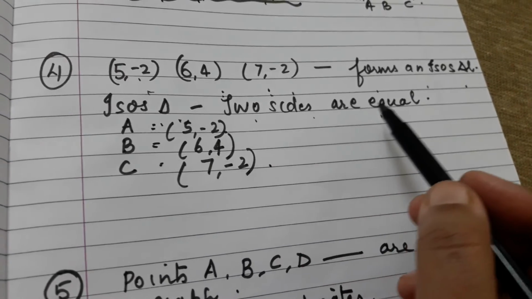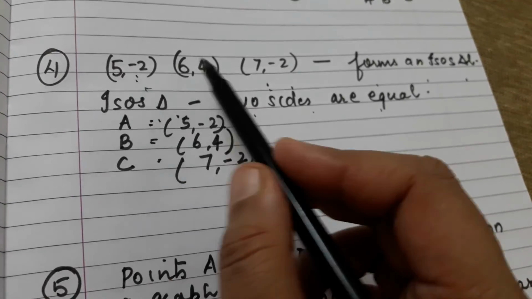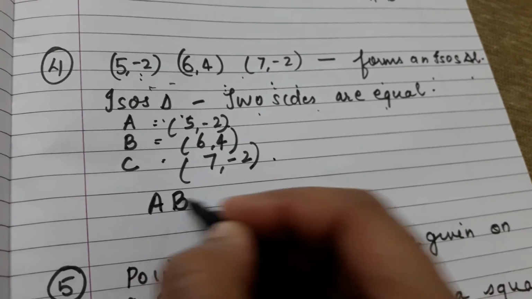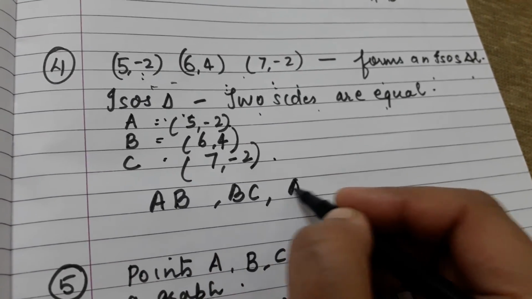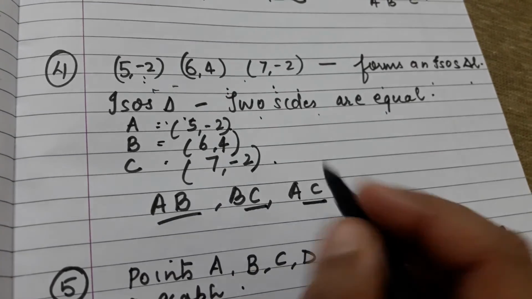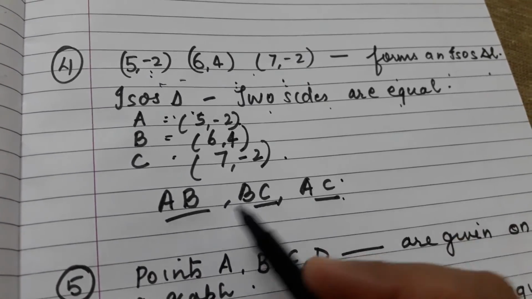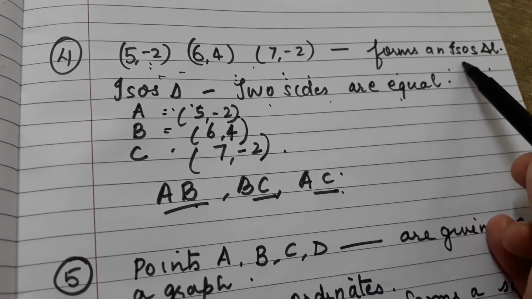When I say that they form an isosceles triangle, that means either AB or BC or AC, any two of the sides should be equal. If you find that two sides are equal, then you will say that it forms an isosceles triangle.